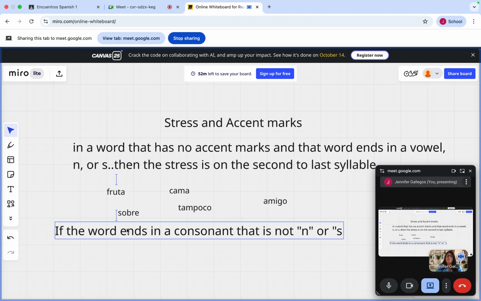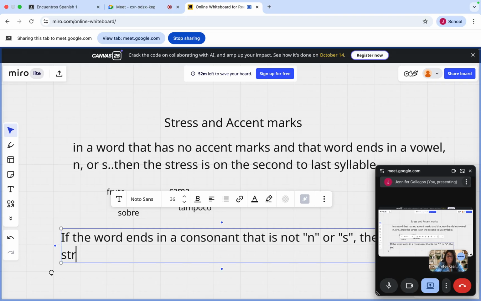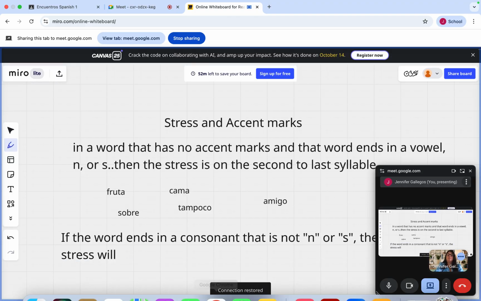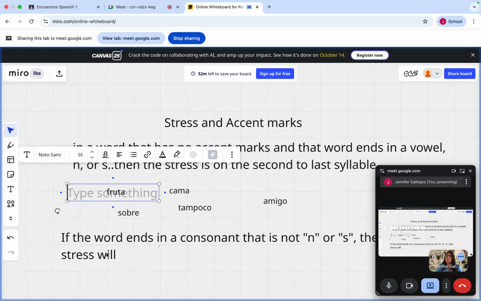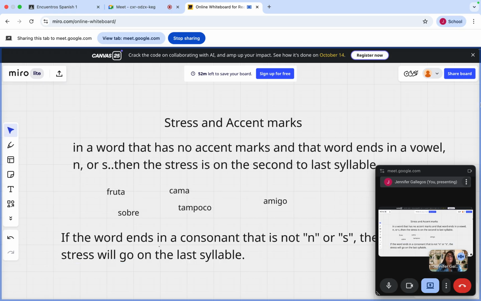Well, if that happens, the stress will go on the last syllable. So before it was second to last, now it's going on the last syllable. Let's look at some examples.